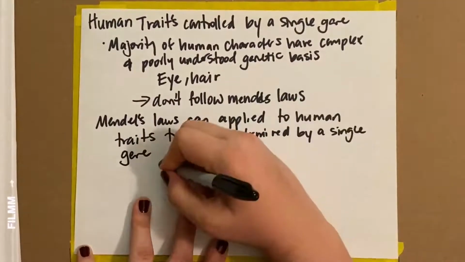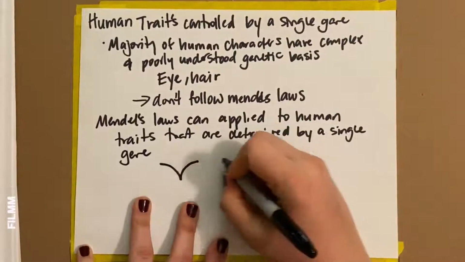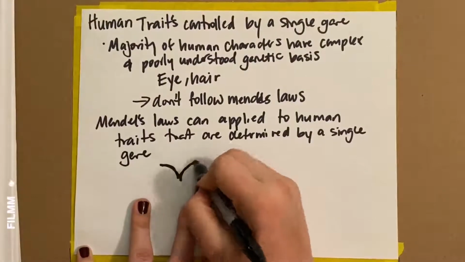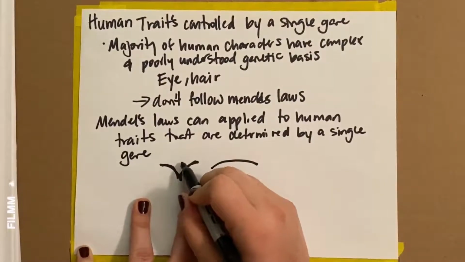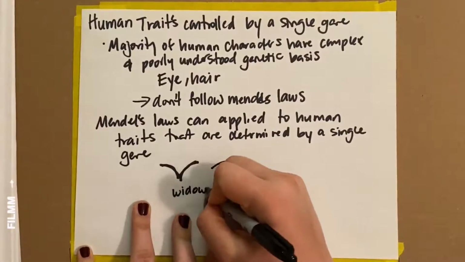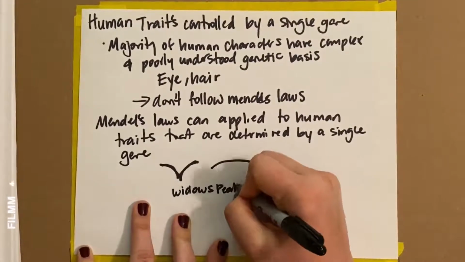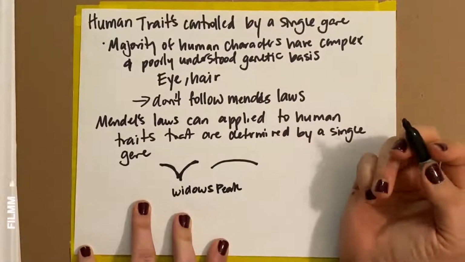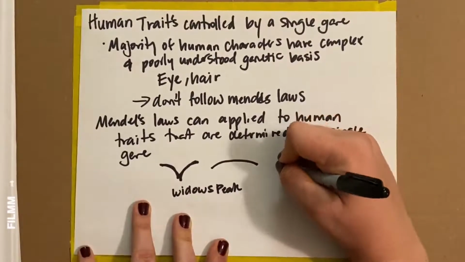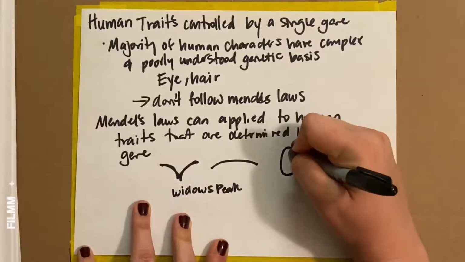Okay, so for example, a widow's peak. This is the hairline. If you have a hairline in a widow's peak, this is determined by a single gene. Okay, and widow's peak is dominant over the flat, straight hairline. Then attached earlobes for your ear. So mind my drawing.